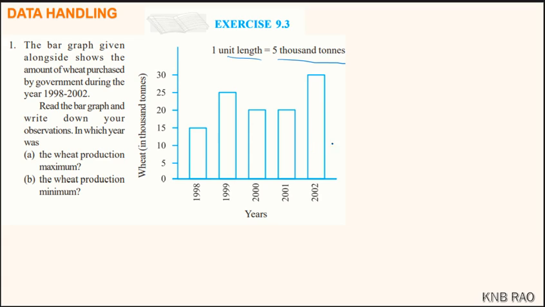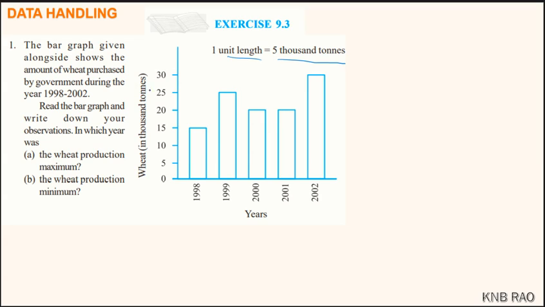Now, children, what was the maximum? This is 30 units, which is nothing but 30,000 tons. Here you could see 1, 2, 3, 4, 5, 6 units are taken on the vertical axis, so it is in thousands.